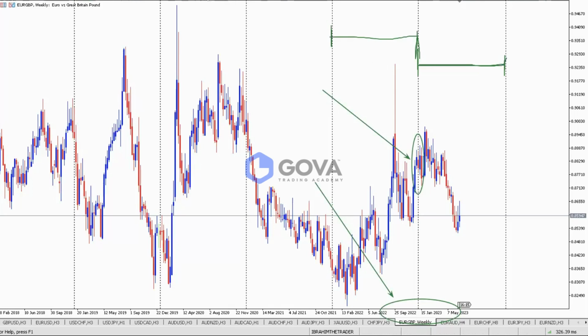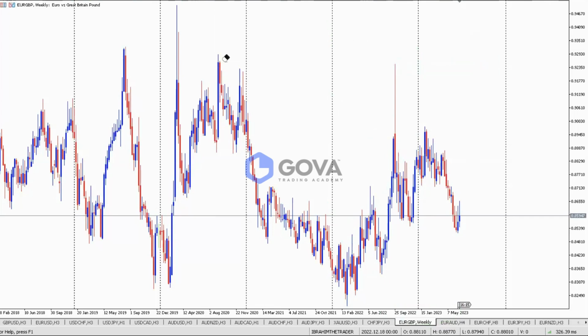So let me put the period separator here again. You can see in that area, there's a bearish candlestick that is currently sitting on the period separator. Let me zoom out this candle so that you can see it properly.